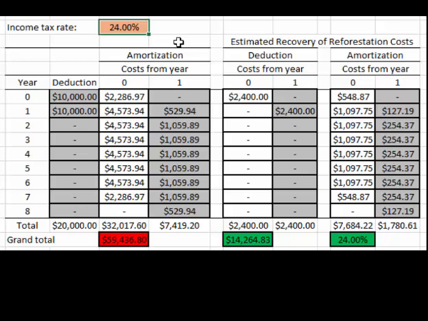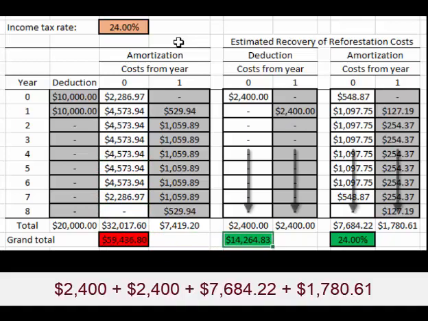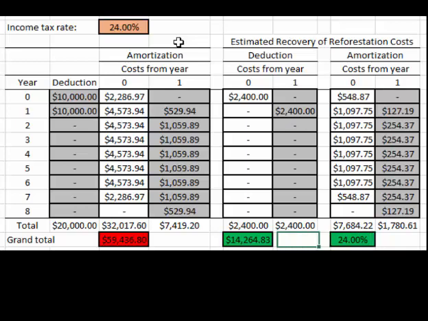But we can look at the 24% income tax rate. And here's our grand total cost and our estimated recovery, the amount of reforestation cost offset. It's $14,264.83, and that is 24% of our reforestation cost incurred to reforest our site over tax year 0 and 1.